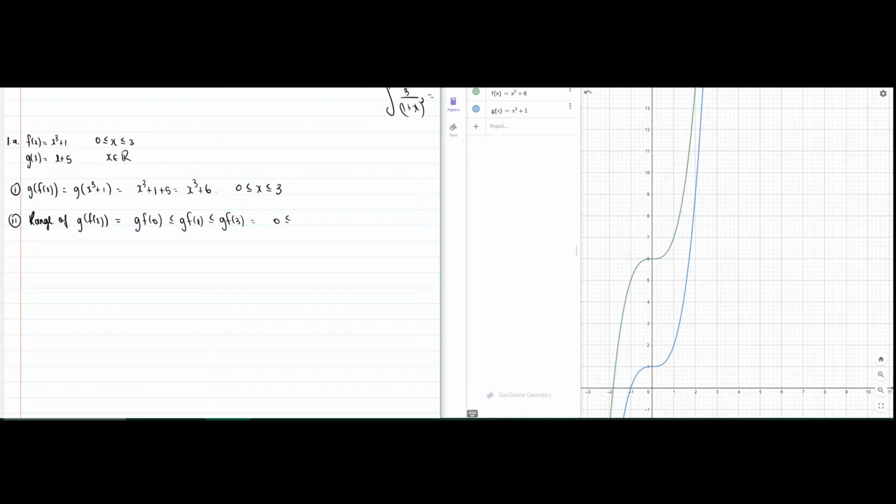That is, 0 plus 6, sorry, 6 is less than or equal to gf of x is less than or equal to 3 cubed, 3 threes are 9, 3 nines are 27, plus 6 is 33. And like I said, in some cases people will calculate the range as the highest value take away the lowest value.